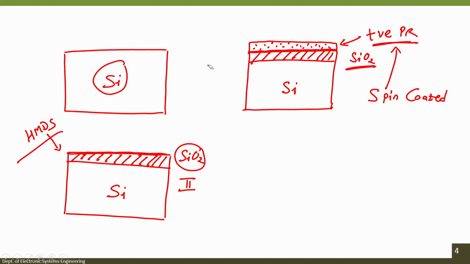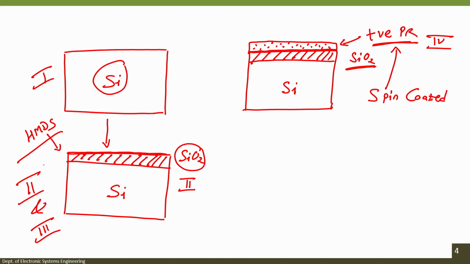You have your silicon wafer, then you perform your cleaning step. So, this is step 1. Then in step 2 you grow silicon dioxide, and in step 3 you spin coat HMDS. Then step 4 is you have your positive photoresist.